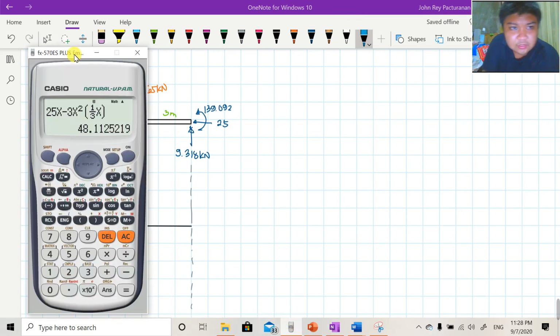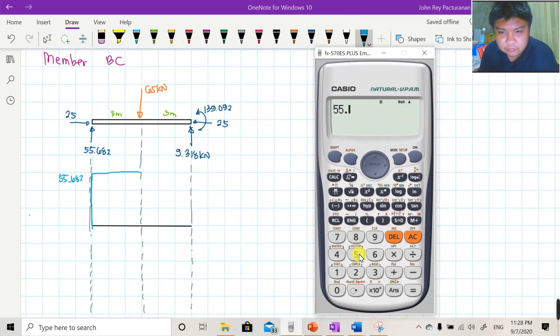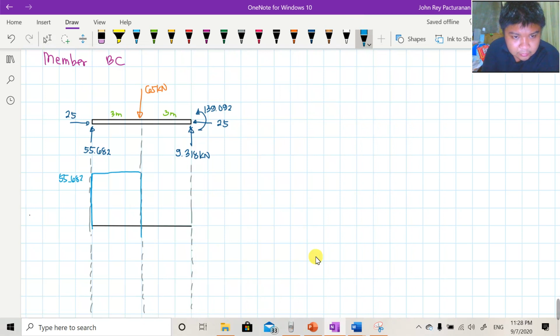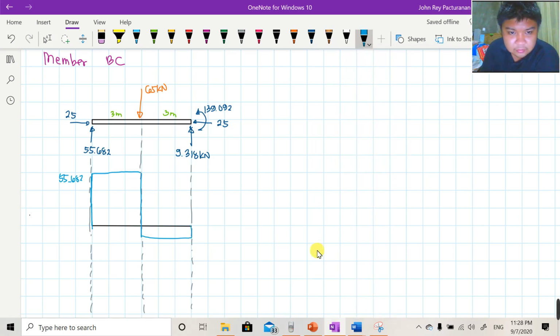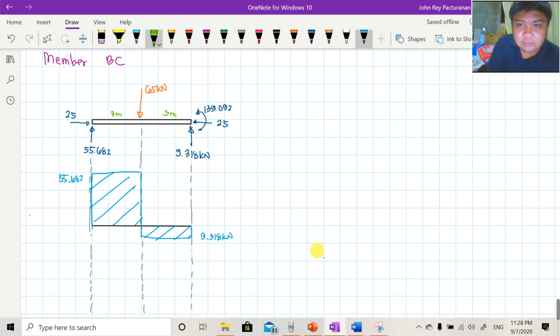So, ang magiging next, 55.682 minus 65. So, negative 9.318. Bagsak siya bigla. Tapos, steady muna dahil walang load. Then, may paangat ulit na 9.318. So, magzi-zero siya. Okay, so this will be the shear diagram, 9.318 kilonewton.